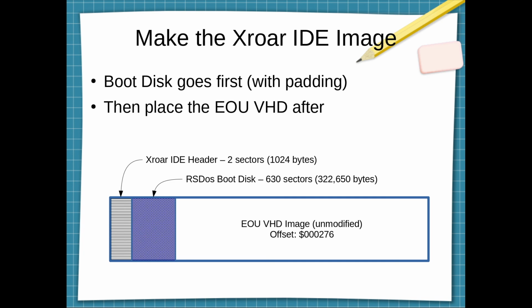The IDE header is 2 sectors, and those 2 sectors are completely invisible to the CoCo. It doesn't know anything about them. It's a special header for the XRoar IDE emulation that tells it what the drive is, how big the drive is, how many cylinders, heads, and sectors, and all that stuff.